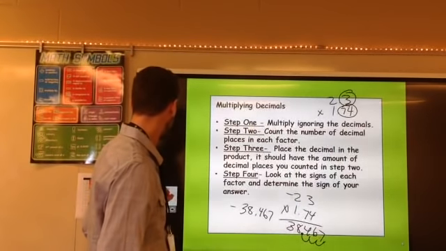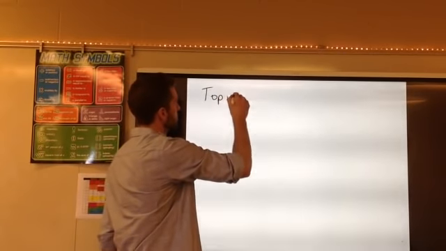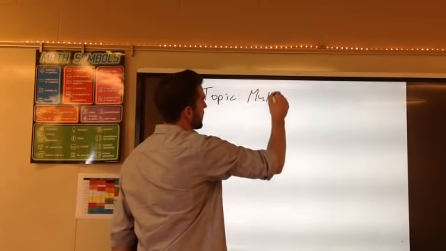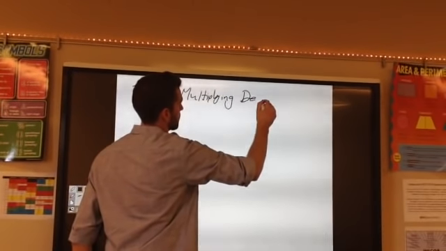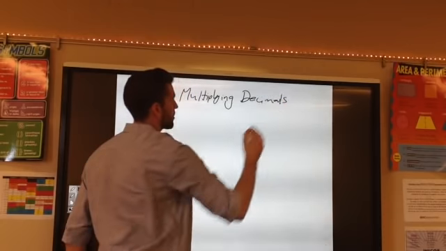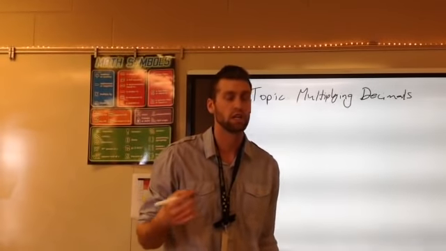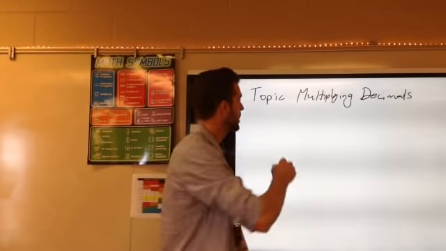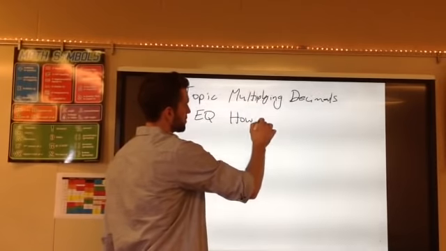So, what you should write is, in your topic, multiplying decimals. Okay? Multiplying decimals. If you're using the same sheet as you're adding and subtracting, don't worry about an essential question. If you do have a new sheet, how can we multiply decimals?